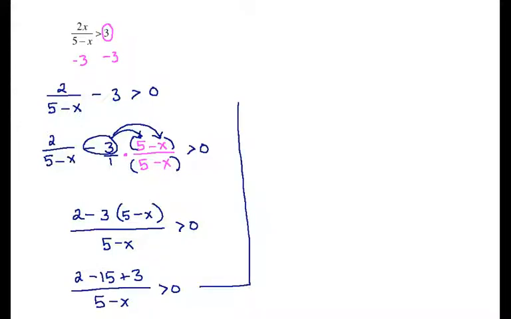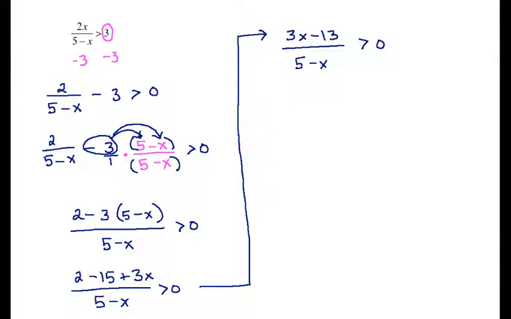Let's bring this up over here and simplify it just one last time. Sorry, that's a plus 3x here in the numerator. So that is now 3x minus 13 in the numerator and 5 minus x in the denominator. And the inequality is greater than 0.